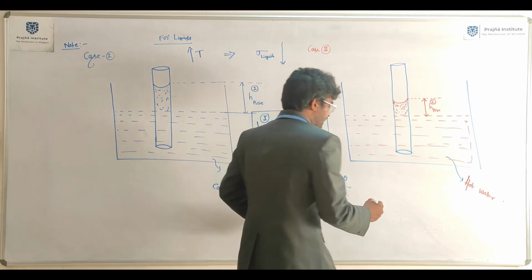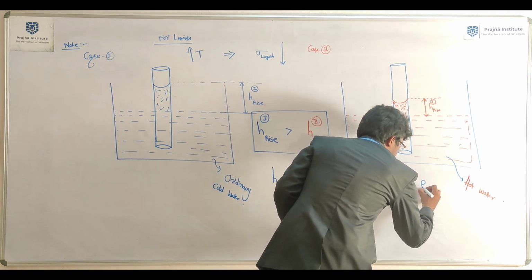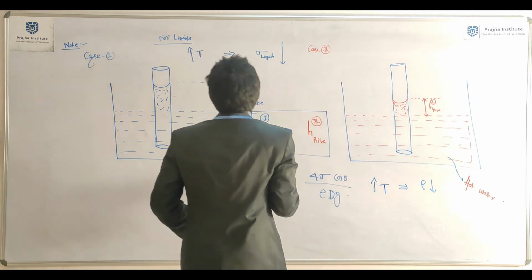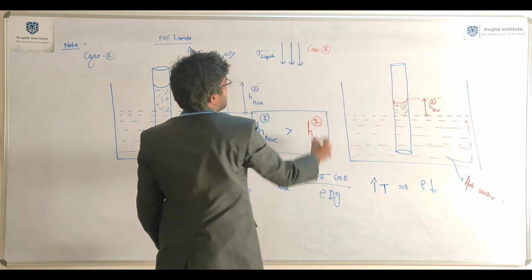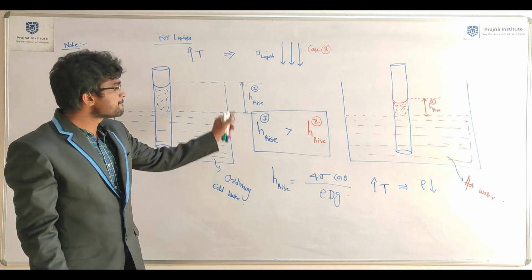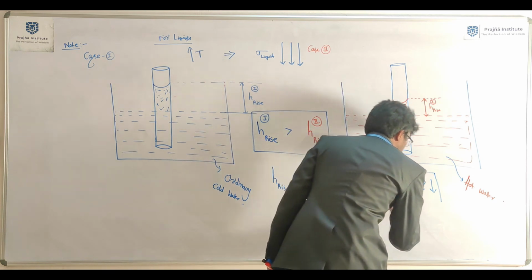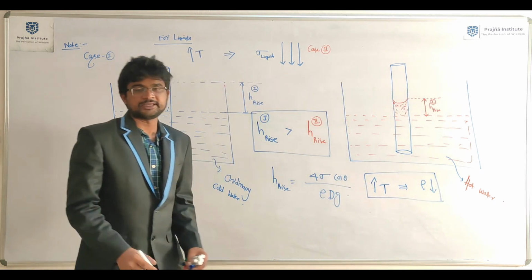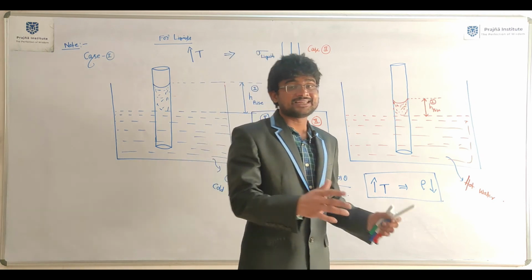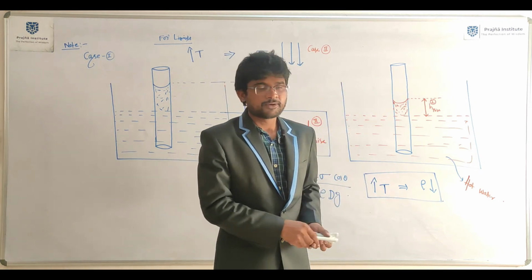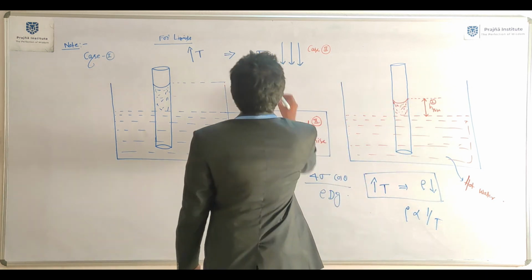So by increasing temperature, density of the fluid also decreases. Here the decrement in surface tension will be higher compared to the decrease in density of the fluid. So density is inversely related with temperature.